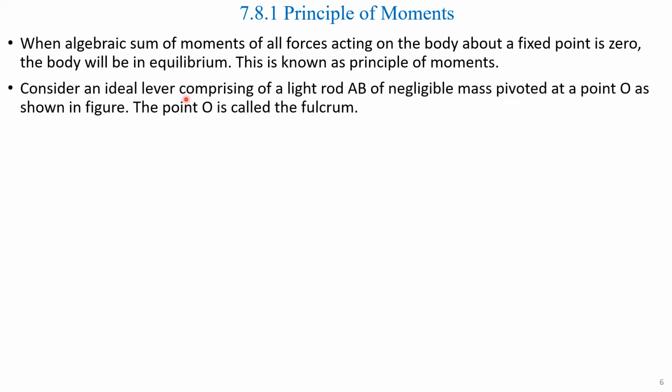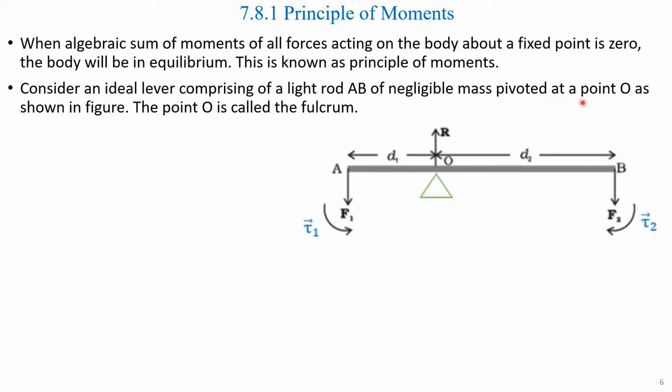Consider an ideal lever comprising a light rod AB of negligible mass pivoted at a point O as shown in the figure. This point O is called the fulcrum. A seesaw on a children's playground is a typical example of a lever.